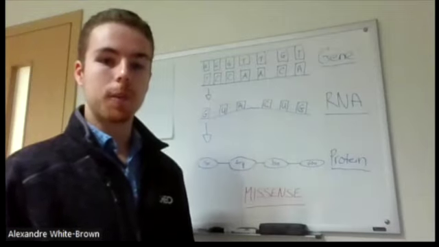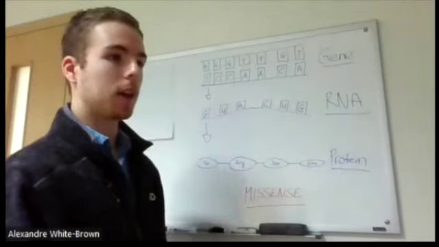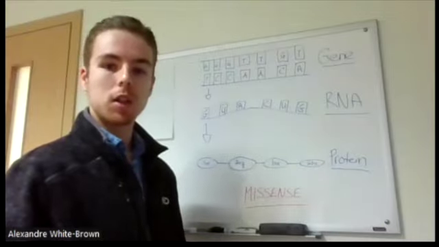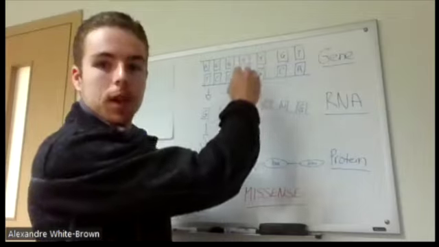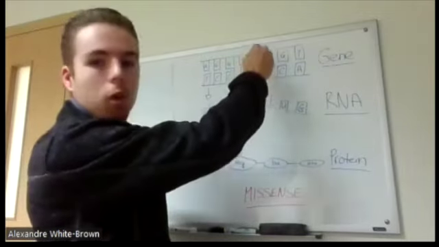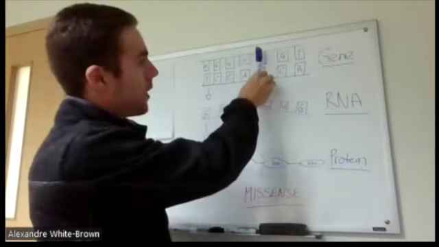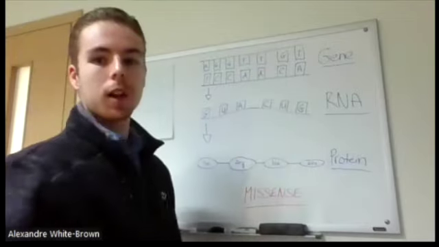So when we have a missense mutation, what's happening is there's a substitution of a single nucleotide. So one of these is being changed, which means one base pair. So this grouping is being changed.